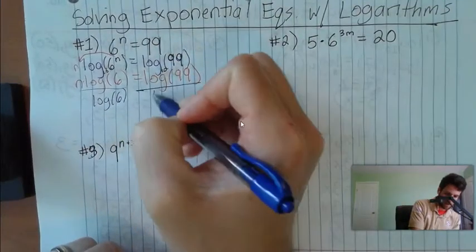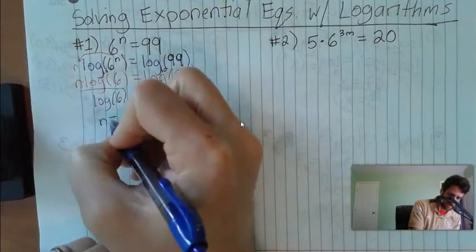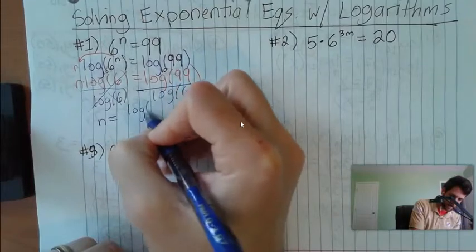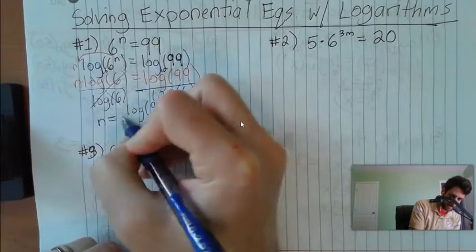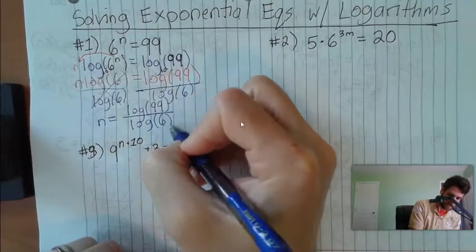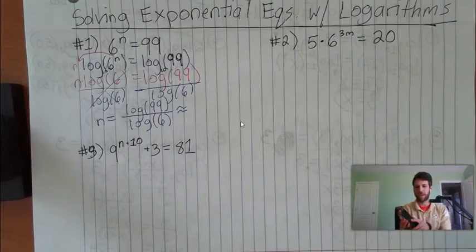And that would basically give us our result, that n, once these are crossed off, is equal to the log of 99 divided by the log of 6. And we can grab our calculator to get an approximation for that answer.